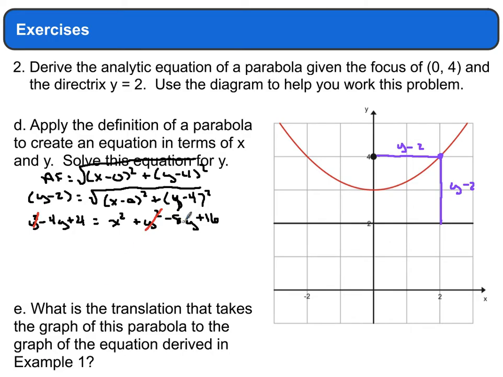If we add 8y to this side, we're going to get positive 4y. If we minus 4 to this side, we're going to get x squared plus 12. And if we divide by 4 on both sides, we get y equals 1/4 x squared plus 3. And so that would be the equation for this one.